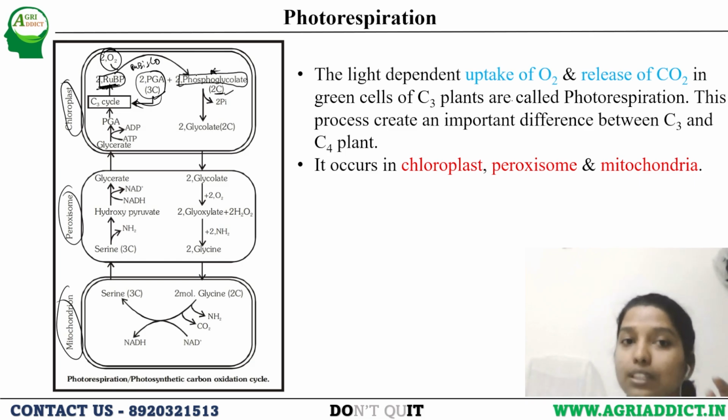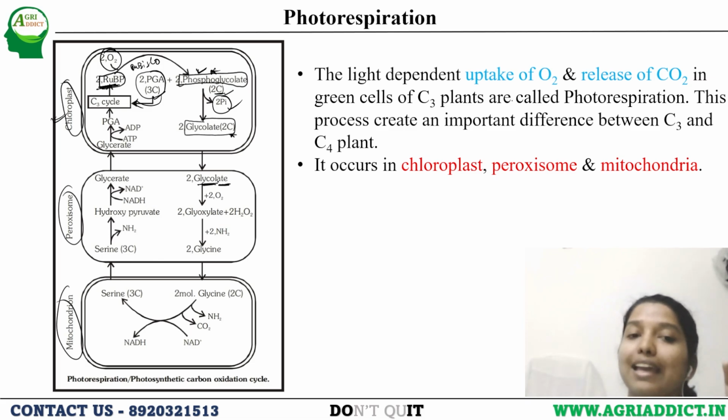Okay. Now this phosphate is getting released here. 2 inorganic phosphates are released. Now this phosphoglycolate is converted into glycolate. 2 molecules of glycolate, also a 2 carbon compound. These 2 processes are taking place in the chloroplast. Now this glycolate is getting transferred to the peroxisome, which is a single membrane organelle.